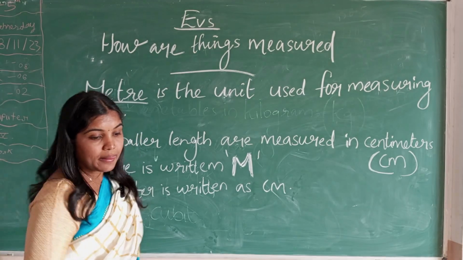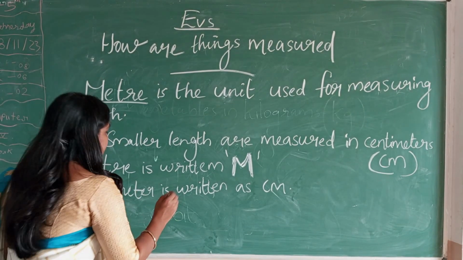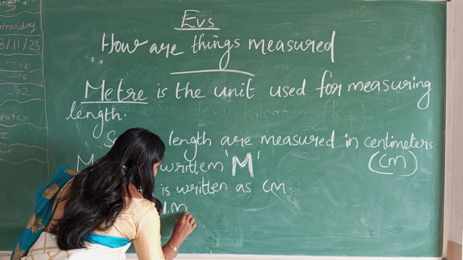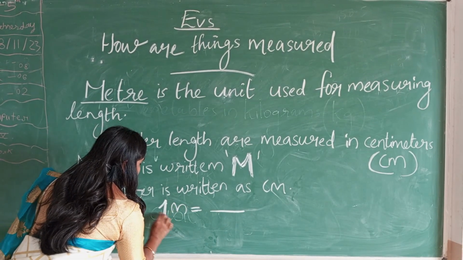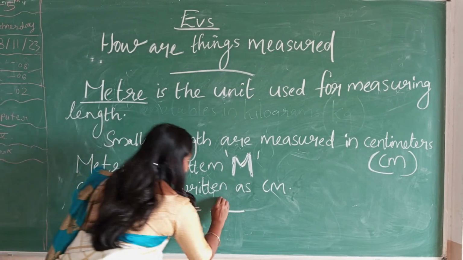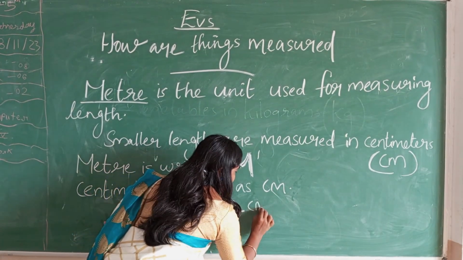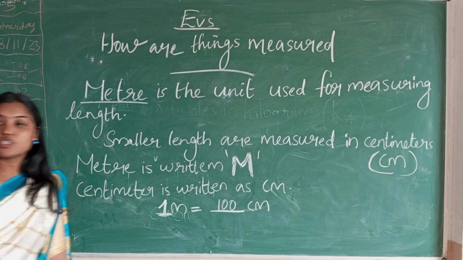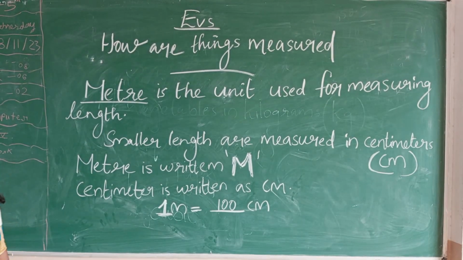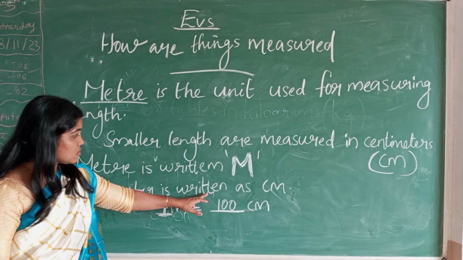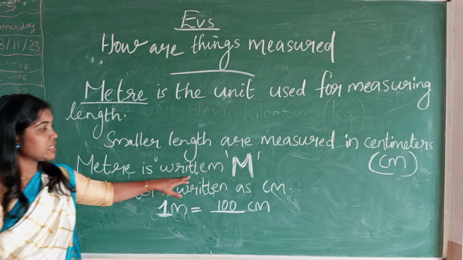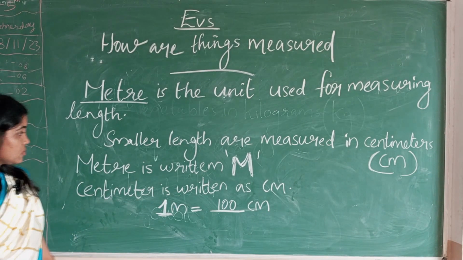cm. So 1 meter is equal to how many centimeters? 100. Yes, very good. 1 meter is equal to 100 centimeter. In the 2 meter written, you wrote n instead of m; above, meter is written with m, not n.